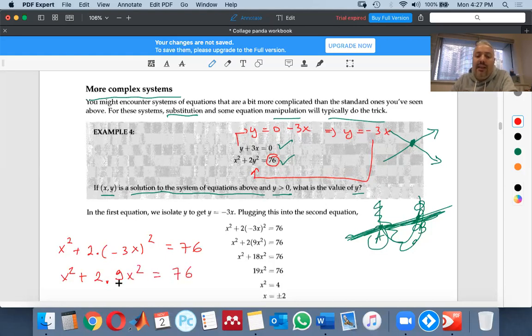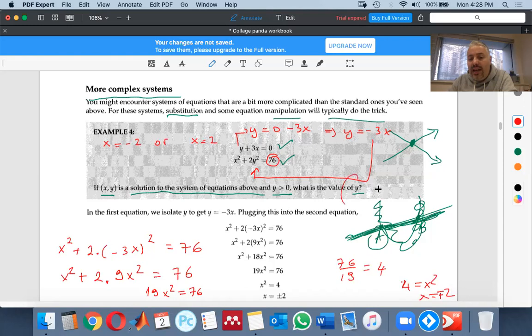Then 9 times 2 is 18, plus 1, 19x squared is 76. So 76 divided by 19 is 4. So 4 is equal to x squared. So x is plus or minus 2. Now x is negative 2 or x is positive 2.